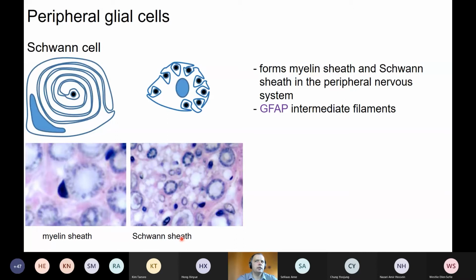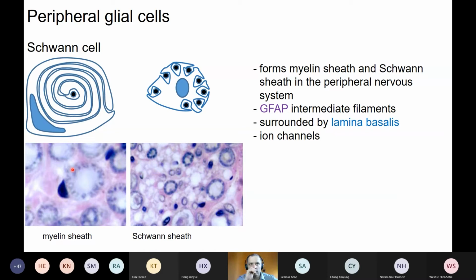Some more details to add. These cells are also GFAP positive, however, they are in the periphery. One can identify them by GFAP immunolabeling, and with the electron microscope, one could also see that there is a basal lamina outside the Schwann cells, lamina basalis, if you wish.